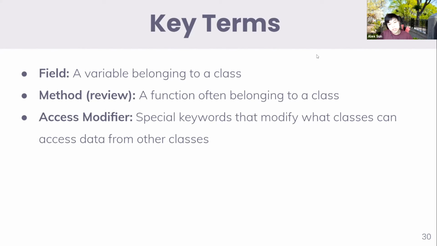And access modifiers are just some special keywords that modify where the data can be accessed from. When I think of those, I think of the words private or public. Are there any questions about any of those key terms?